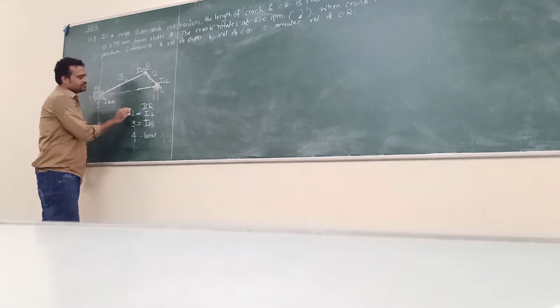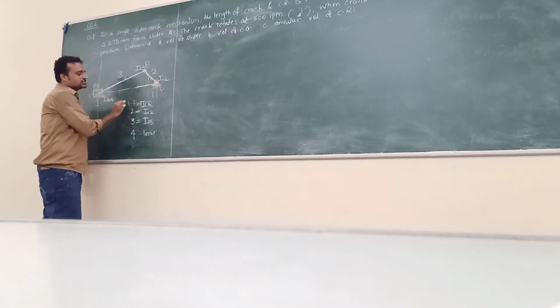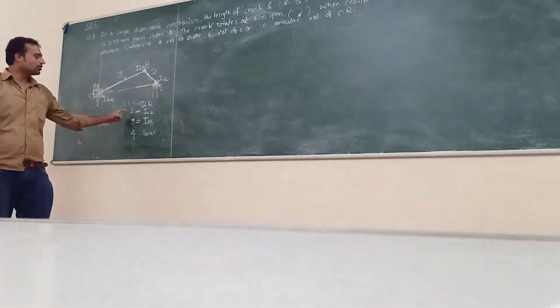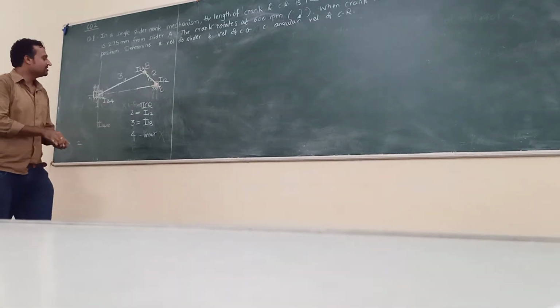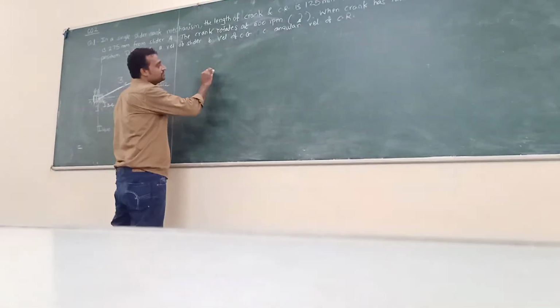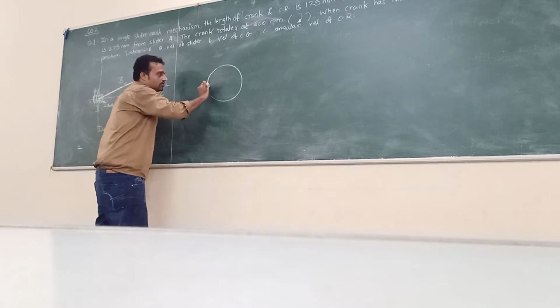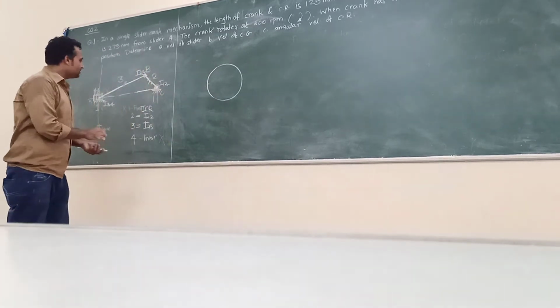Here you can mention that 1 is fixed, so there is no question of finding any ICR. For 2 and 3 we have to find the ICR. Now for Kennedy's construction, using Kennedy's theorem, first we draw a circle.